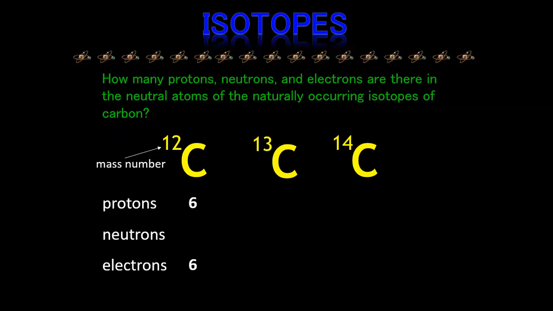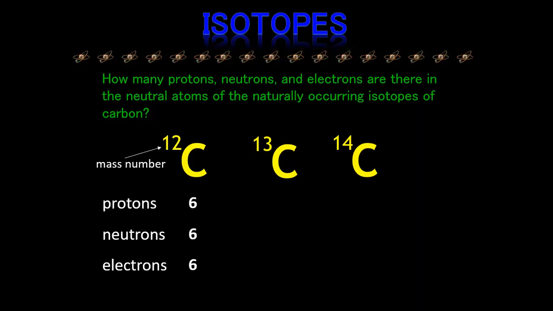Now, what about the number of neutrons? This mass number is the number of neutrons plus the number of protons. So for carbon 12, the mass number 12 minus the number of protons, 6, is equal to 6, which is the number of neutrons.